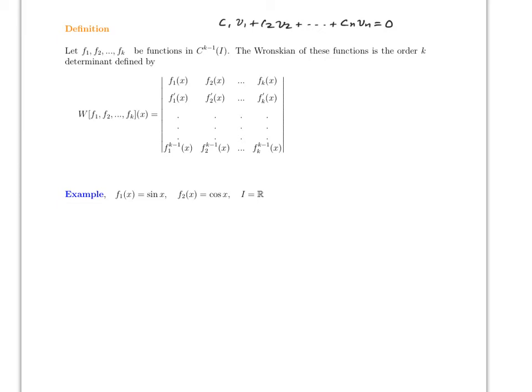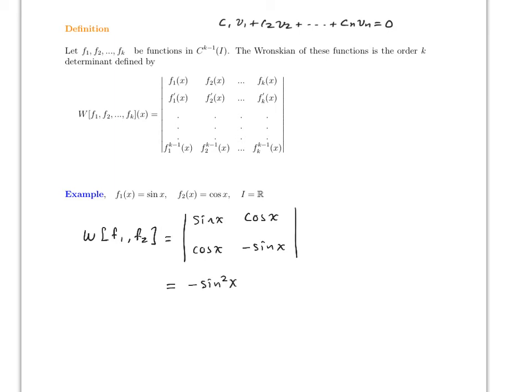So for example, in this case, if we find the Wronskian of f1 and f2, first we have the functions here. So this is sine, cosine, then the derivative of sine is cosine, the derivative of cosine is minus sine. And then this is minus sine squared x, minus cosine squared x.